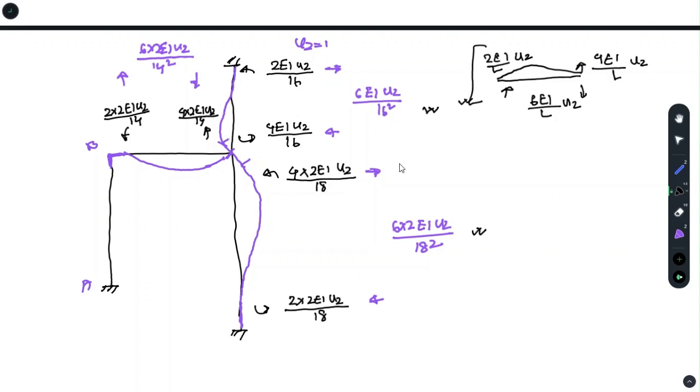So this is another formula for unit rotation. So here the reaction is 4 EI U2 over L1, which is left directed for this frame, and we have another reaction which is 6 multiplied by twice EI U2 divided by L2 squared. Will that be squared? Yeah, it will be squared here. So twice EI U2 over L2 squared. It is right directed. So this one will be plus and this one will be minus.